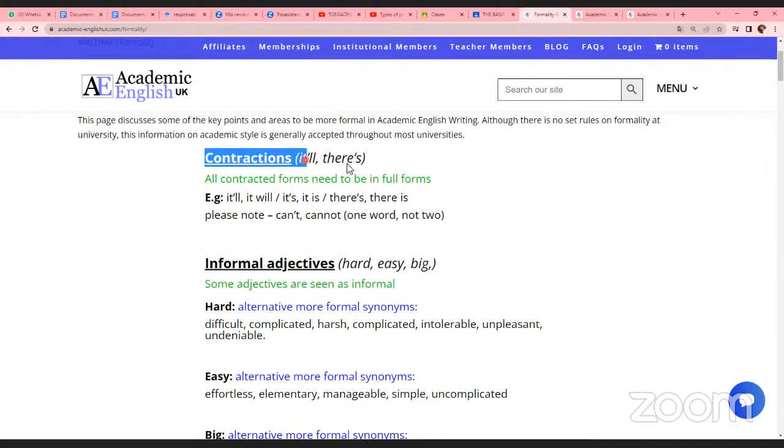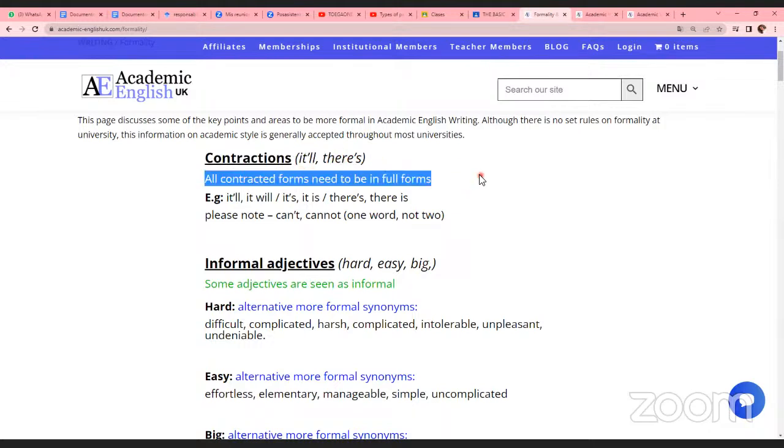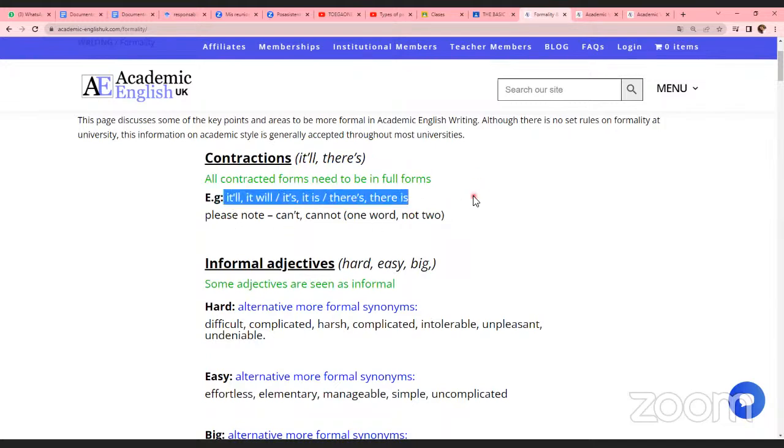For example, we're going to start with contractions. All the contracted forms need to be in full forms. For example, it'll: it will. I'm not going to write it'll. No contractions, please. It will. It's: it is.